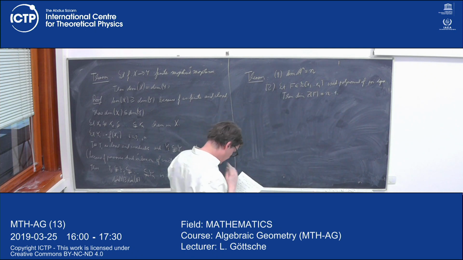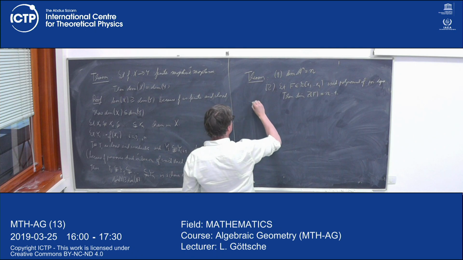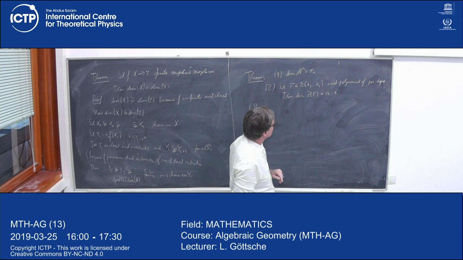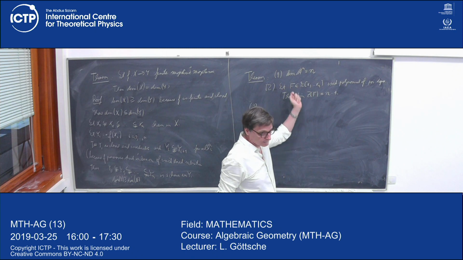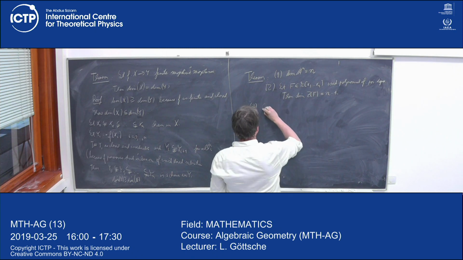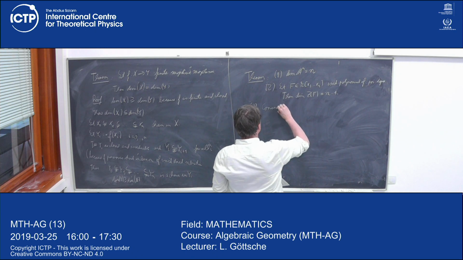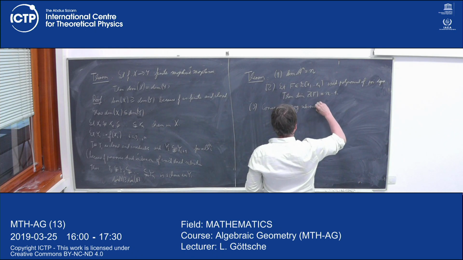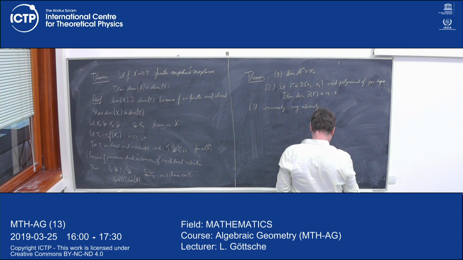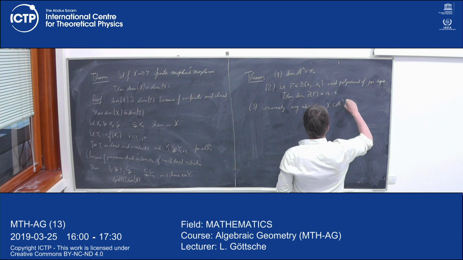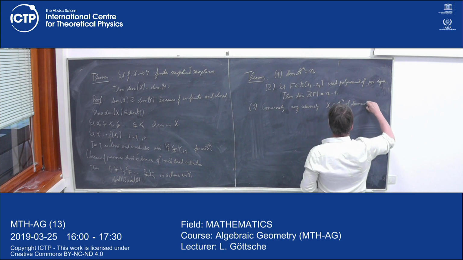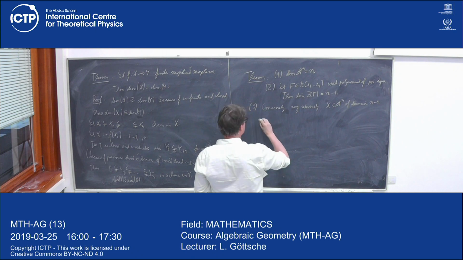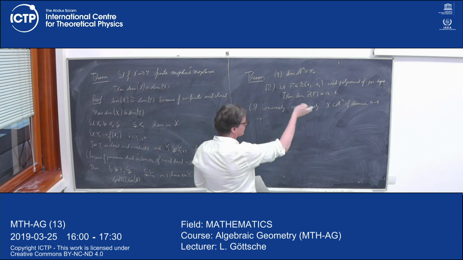So one less. And also conversely, any subvariety X in A^n of dimension n minus 1 is a hypersurface, so a zero set of an irreducible polynomial.